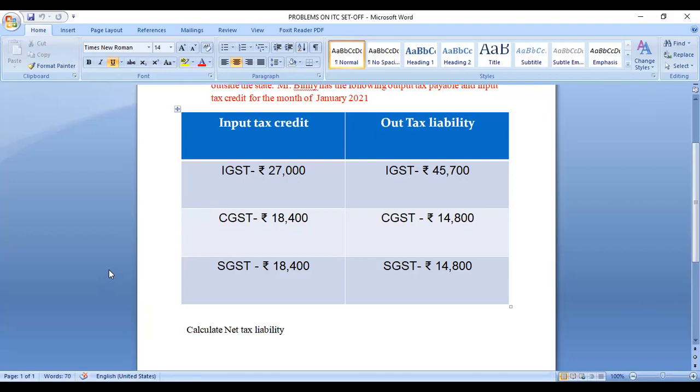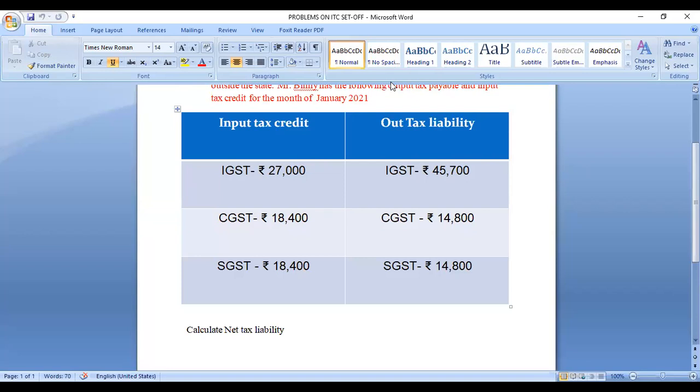Ashraf, how to calculate tax liability here? You have the input tax credit of IGST 27,000. You have the output tax liability IGST 45,700. How to set off this?